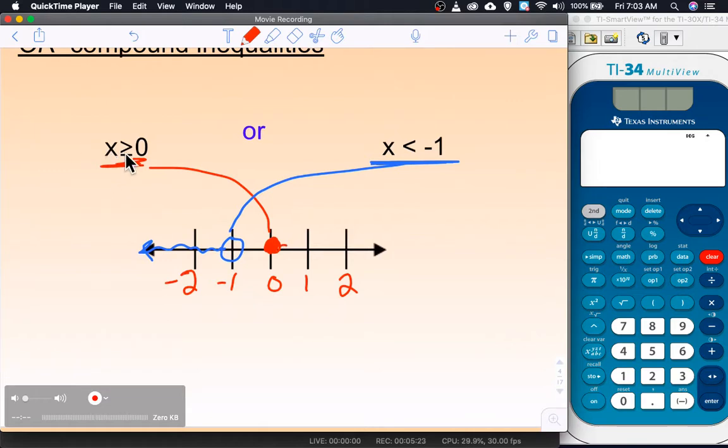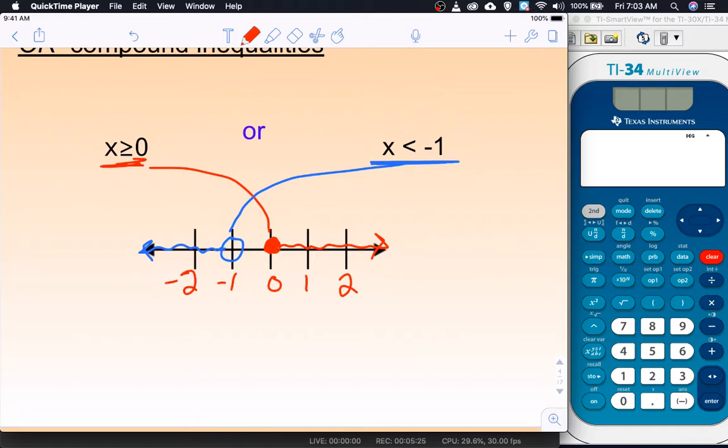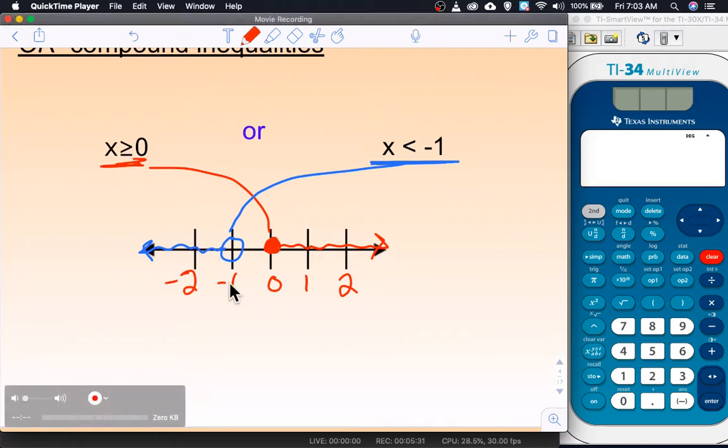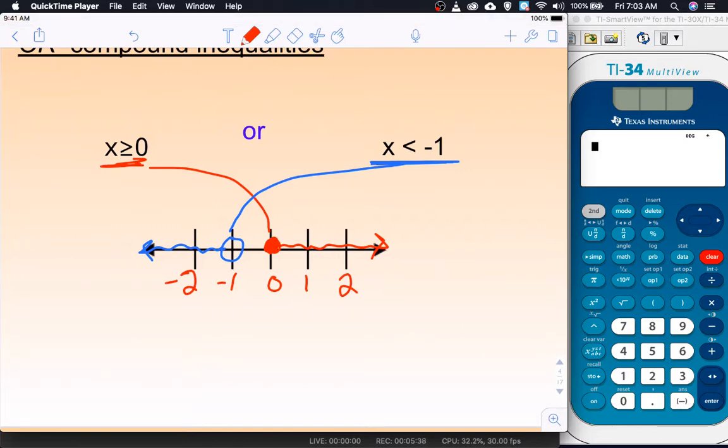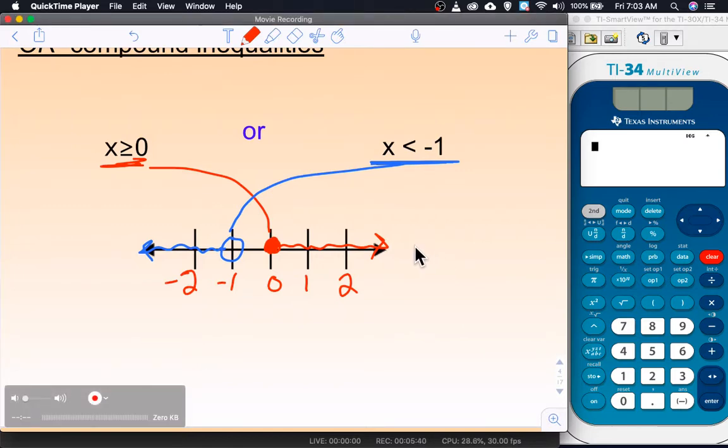That greater than is to the right. And this is very different than the previous problem, because now you see how they're not connected? Like each inequality is kind of facing away from each other. And that's okay.